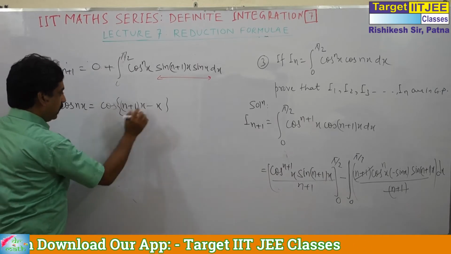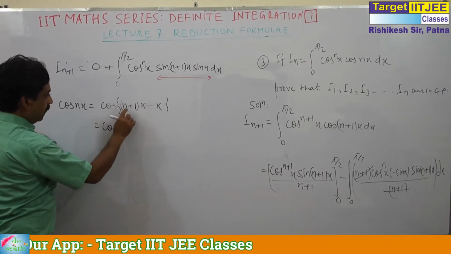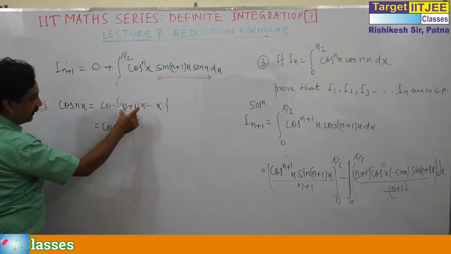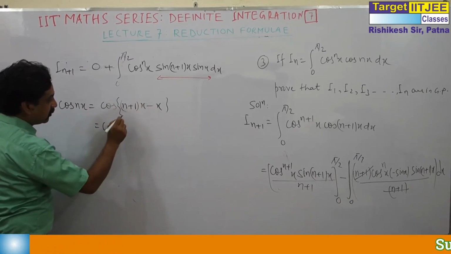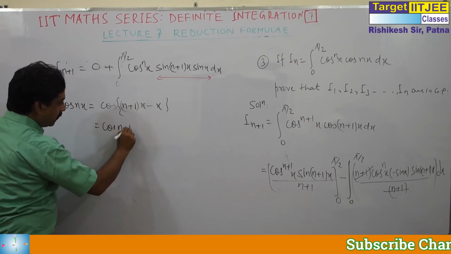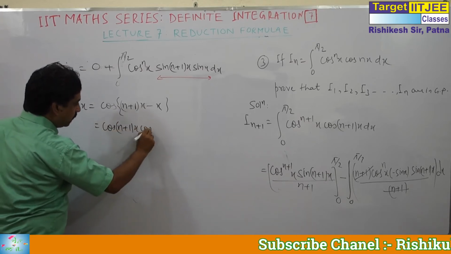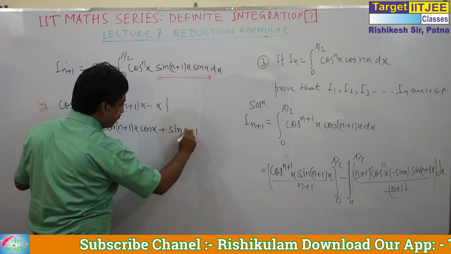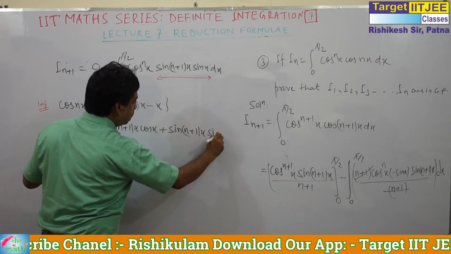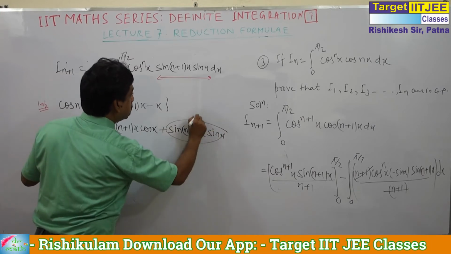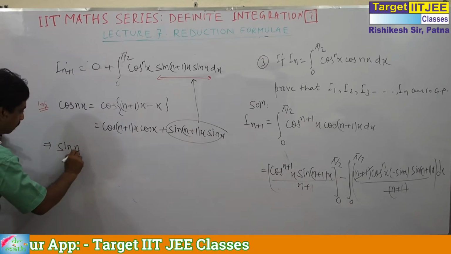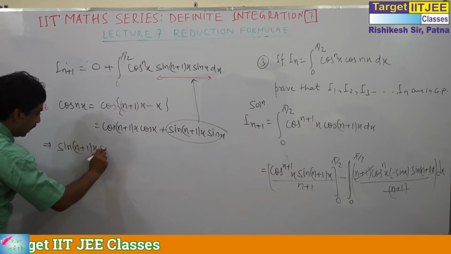This is a, this is b. (n+1)x minus x is nx. Now expand it as a minus b. This is cos a cos b plus sin a sin b. This is the term: sin (n+1)x into sin x.